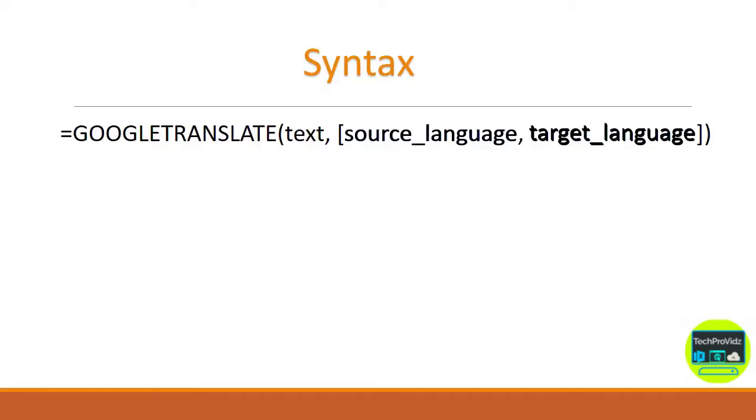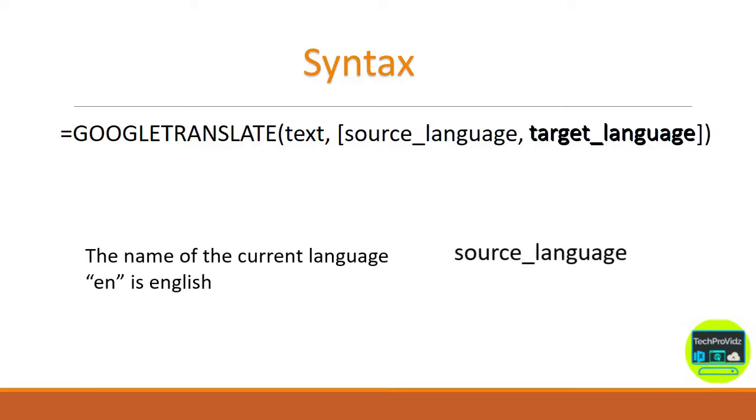The Translate formula requires 3 parameters, of which 2 are optional and 1 is mandatory. The first parameter is the text, which is the word you are trying to convert to another language. The second is the source language, which is completely optional, but it is recommended to specify it.